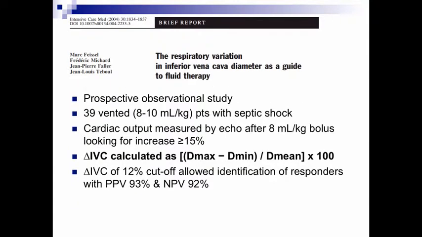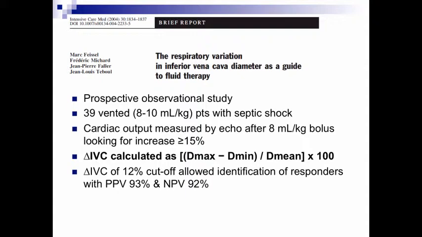In that same issue of Intensive Care Medicine from September 2004, Feissel and colleagues published a similar study of IVC diameter to assess fluid responsiveness. So again, it was ventilated patients, 39 of them. They were getting 8 to 10 mLs per kg of tidal volume in a volume control mode.